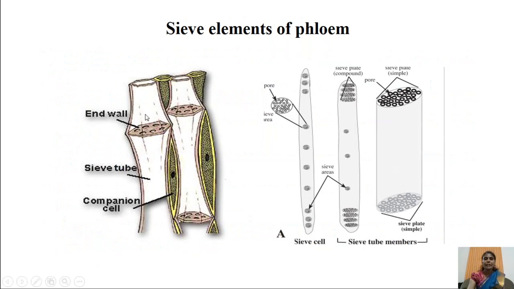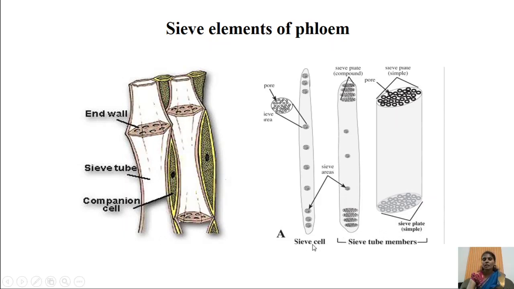Here we can observe the sieve elements of phloem, where this is a sieve tube, always associated with the cell called companion cell, which will give company in translocation of food material. They are provided with the end walls, which are oblique, and they are provided with the perforation plate called sieve plate.